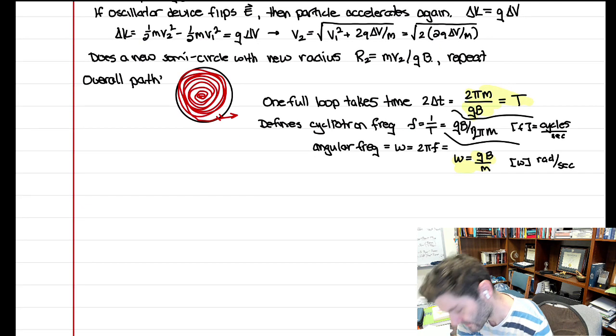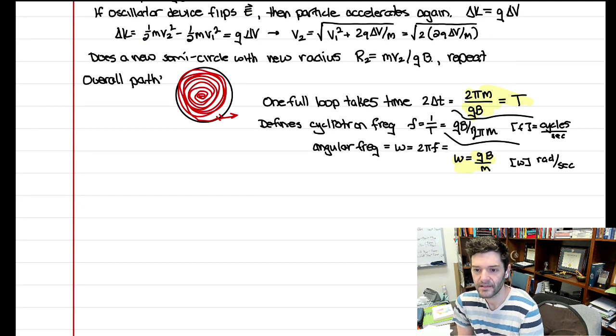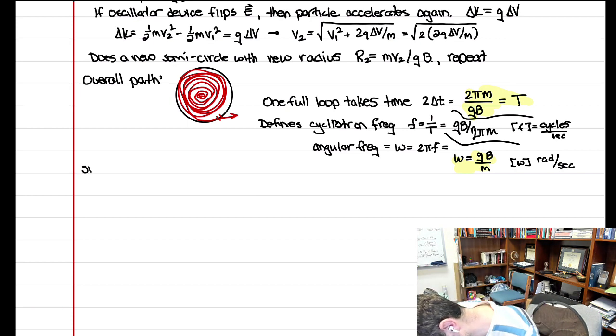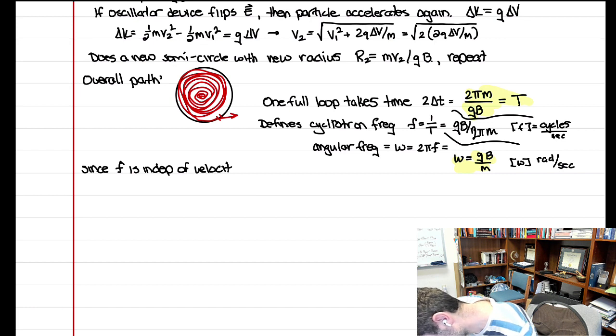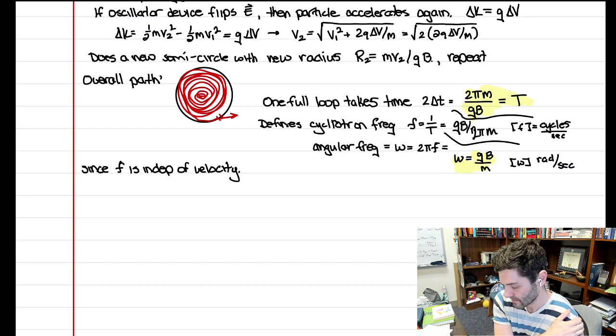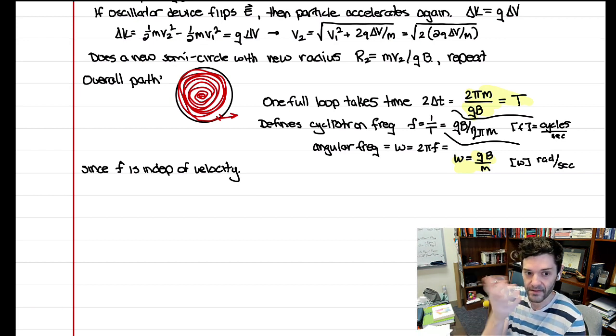So why this is helpful is that since the oscillator frequency is independent of velocity, that means if it just flips the electric field at some normal rate, say 1 cycle per second, so that would be 2 flips in the electric field, the cyclotron can work, right?